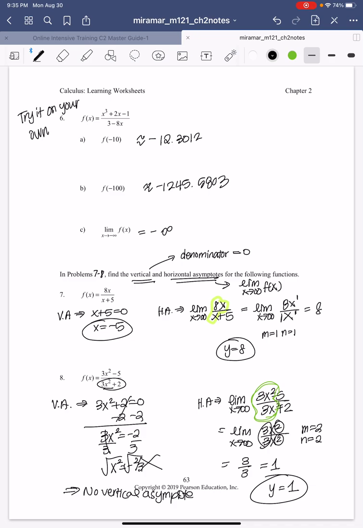Okay. So that is all the questions that we actually have, let's do one more here. I erased it, but it's actually a good problem to work on. So number 9.